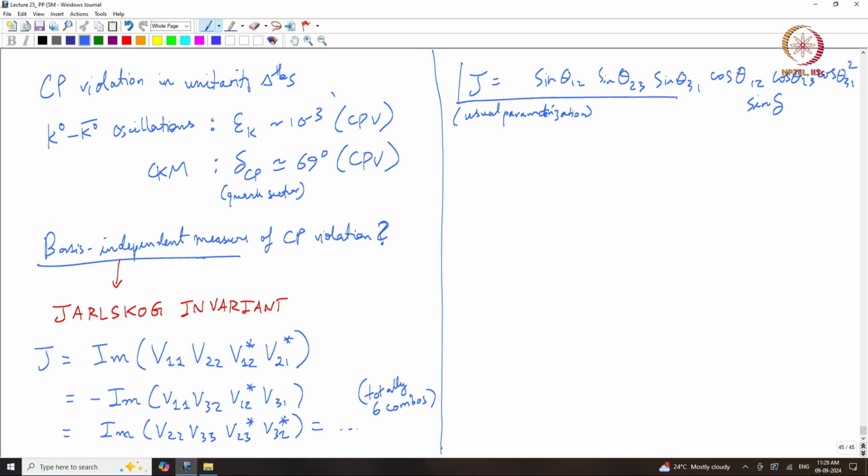Why should there be a sine delta there? Because clearly delta going to 0 would imply J also goes to 0. So, if there is no CKM phase, there is no Jarlskog invariant to talk about either, there is no basis independent CP violation either.